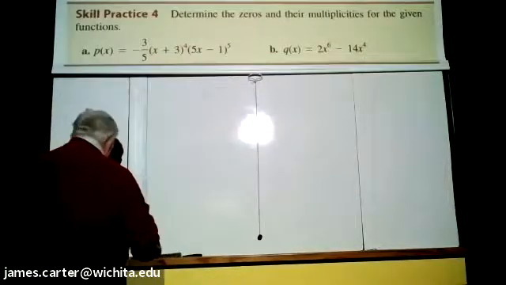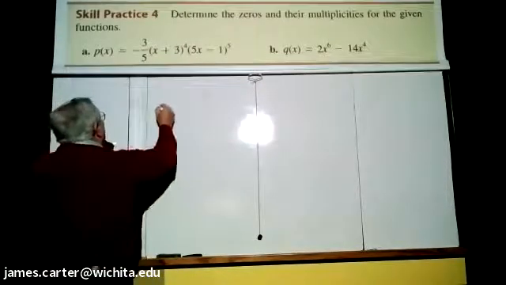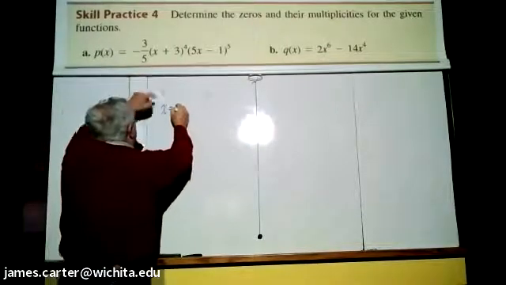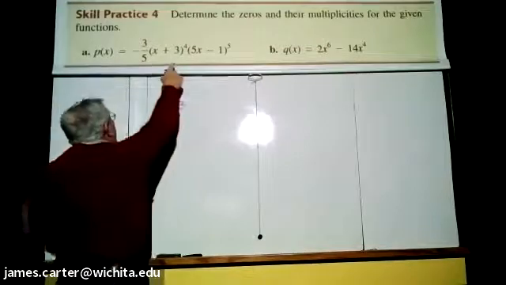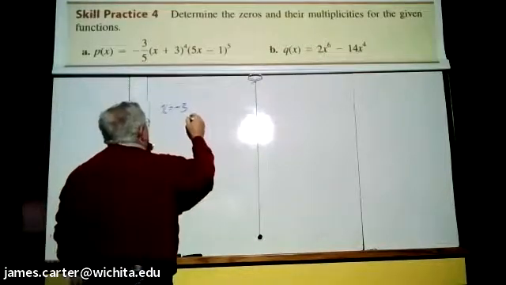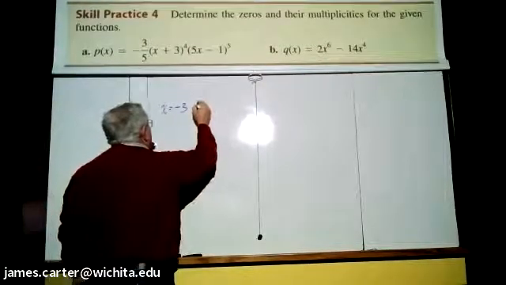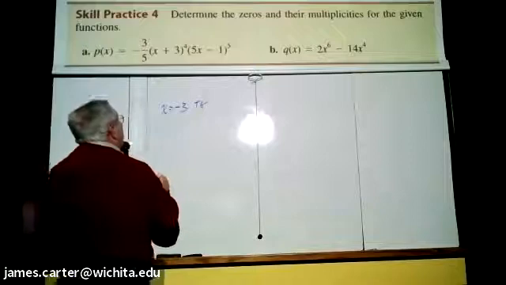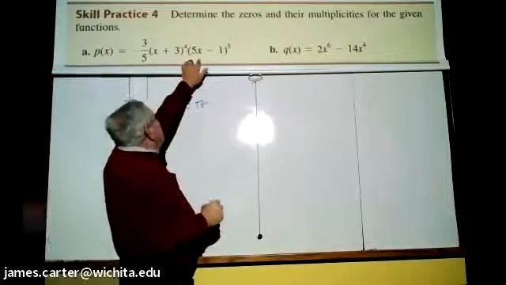So what are our zeros here? Well, we're going to have x equals -3. And that's an even multiplicity. So this one's going to be a touch and go. What about this one?